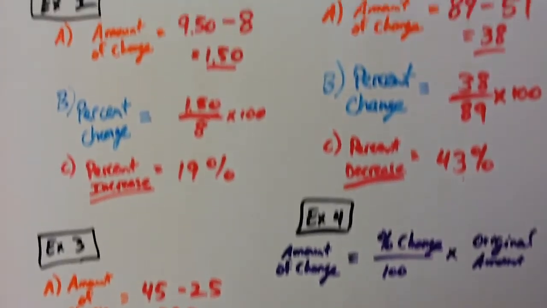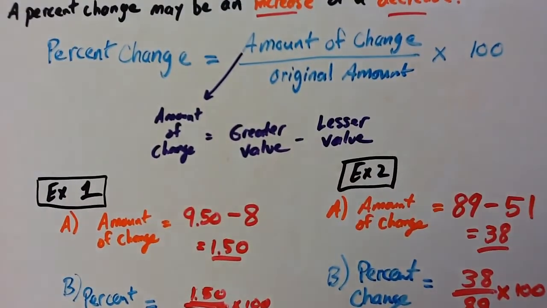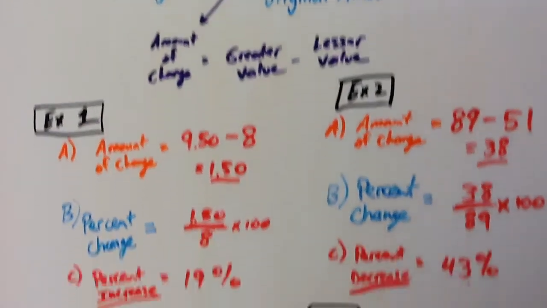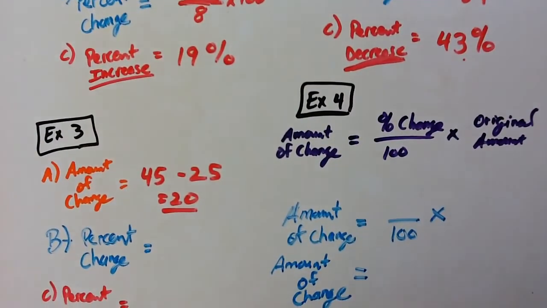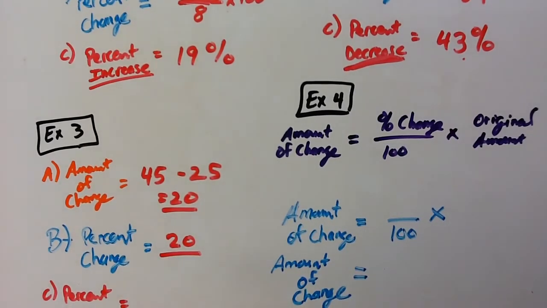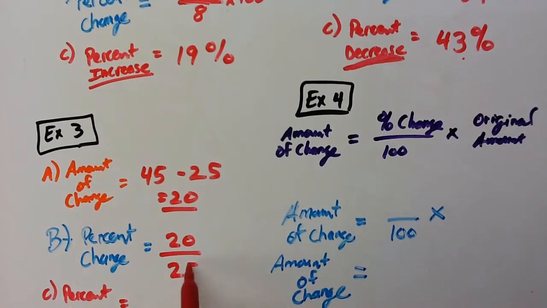Now, to find the percent change, we use this equation: the amount of change, 20, divided by the original amount, and then multiply by 100. The original amount is how many shirts he sold on the first day, which was 25.